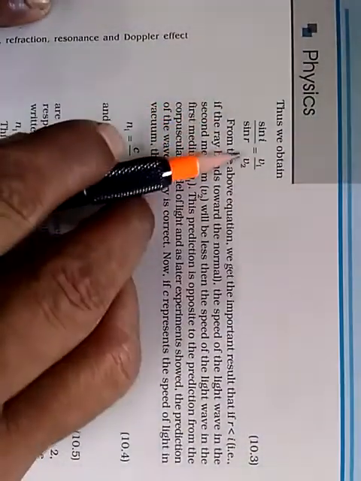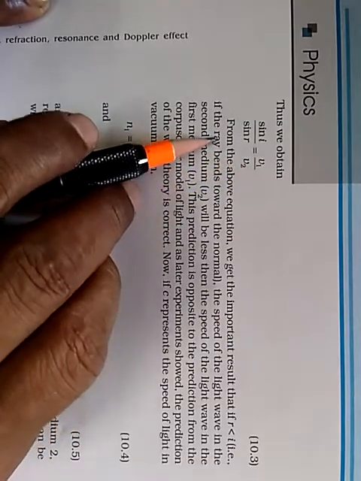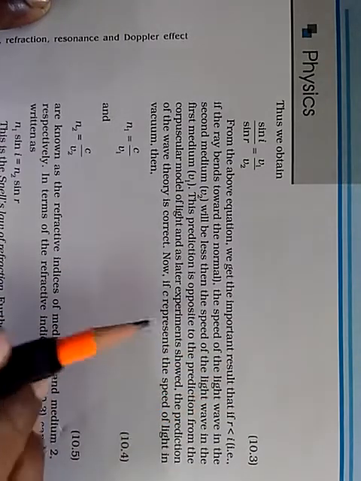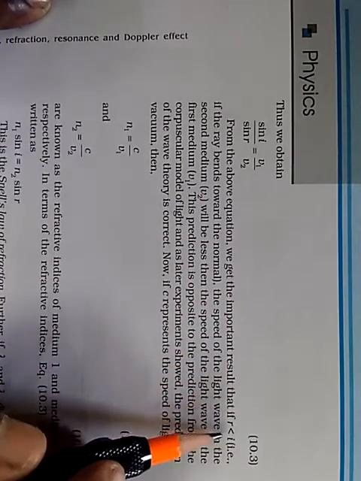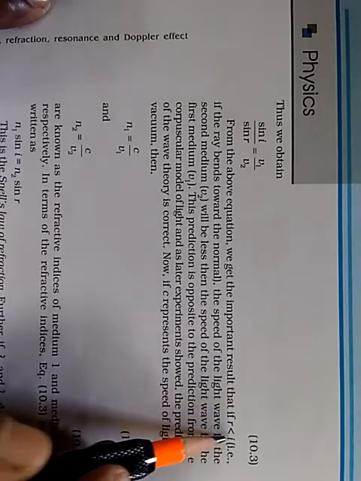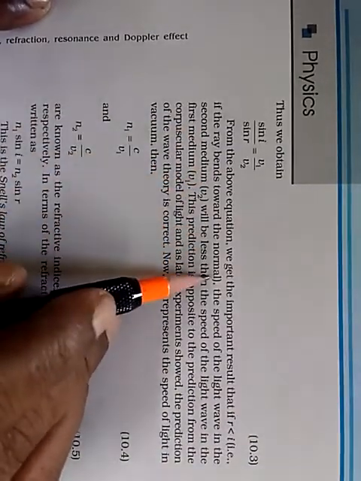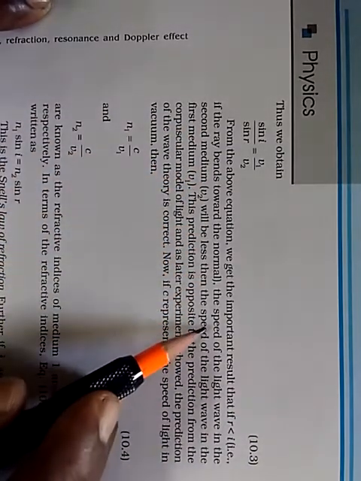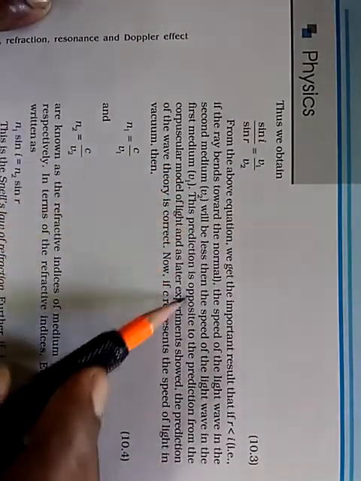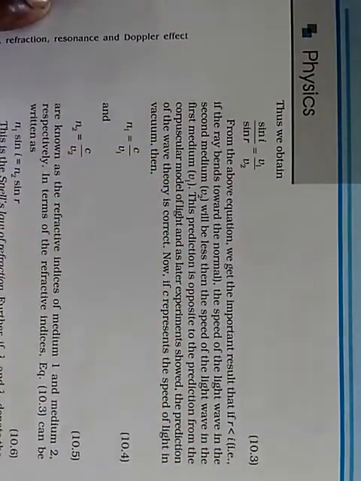So thus we obtain sin i by sin r is equal to v1 by v2. From the above equation, we get the important result that if r is less than i, the angle of refraction is less than the angle of incidence, it means that if the ray bends towards the normal, the speed of the light wave in the second medium v2 will be less than the speed of the light wave in the first medium v1.